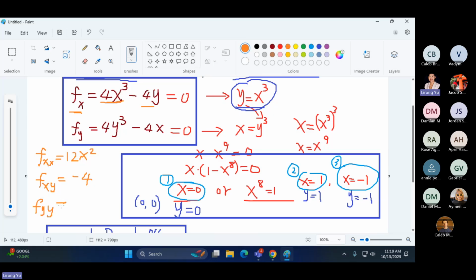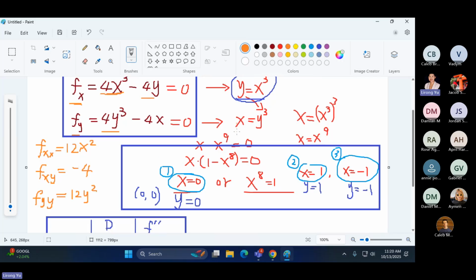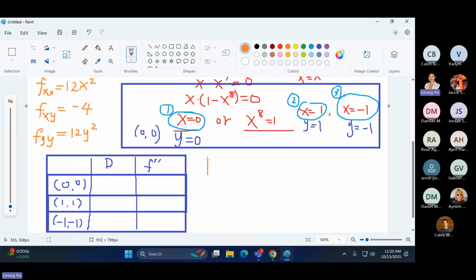And then the fyy. Getting ready to create a formula for D. fyy is calculated using fy, so this is 12y squared. Right, so that's there. And then let's calculate D. D is equal to fxx times fyy, so second derivative times second derivative, minus fxy squared.